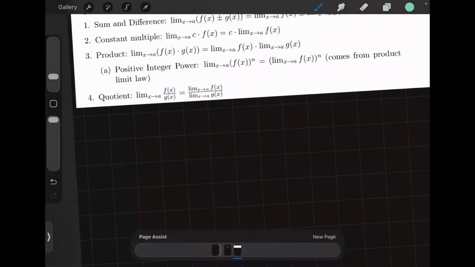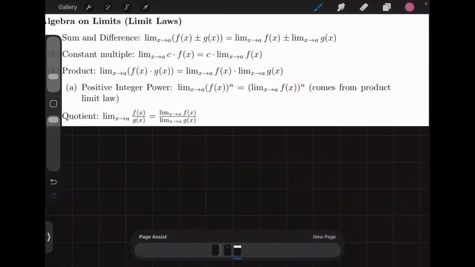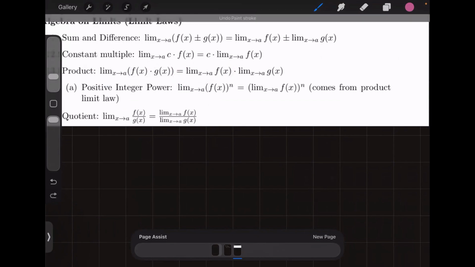Similarly, for the product, you know that you can take the first one, multiply the second one, and take the limit. Or you can take the limit of the first factor, multiply by the limit of the second factor.